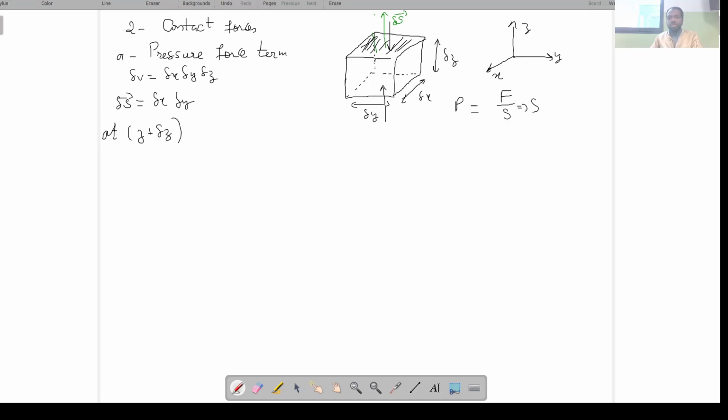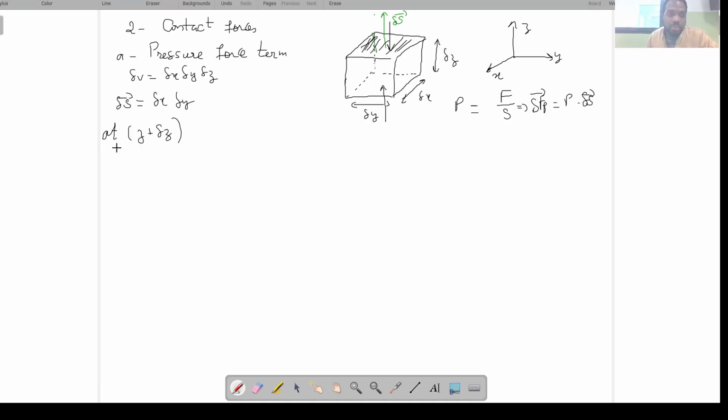That means the pressure force delta F_P equals pressure times surface vector.